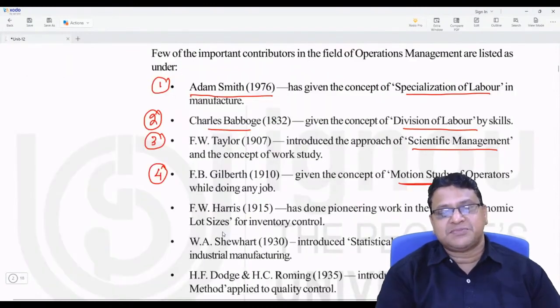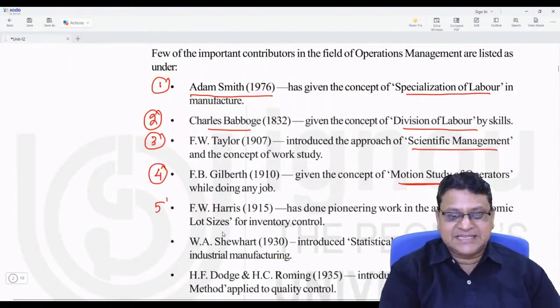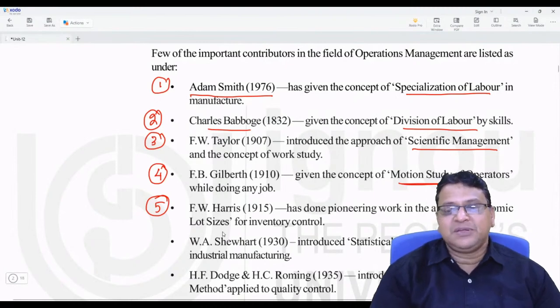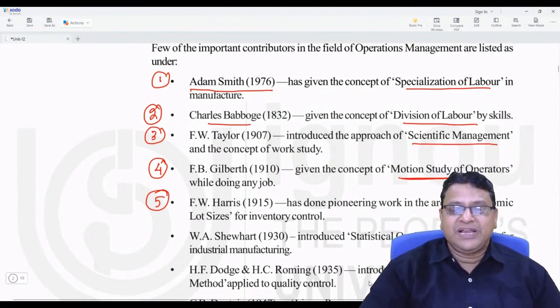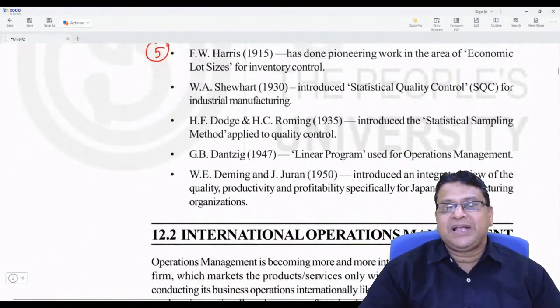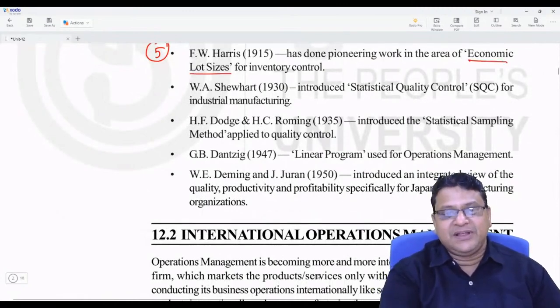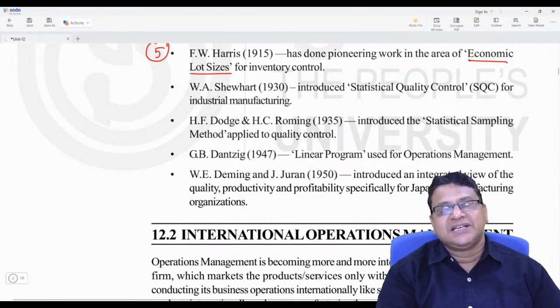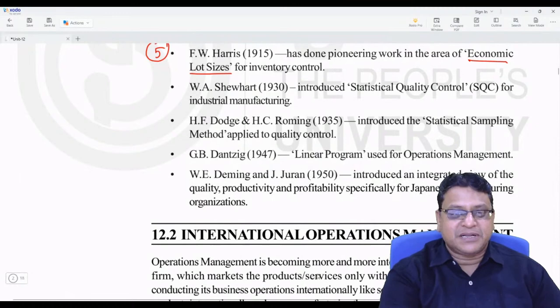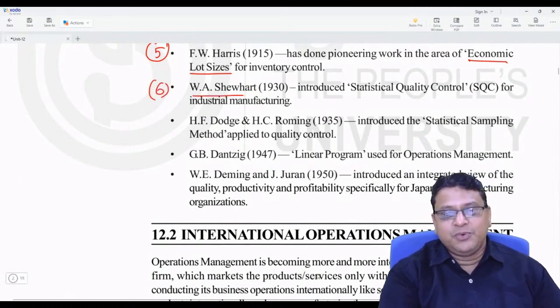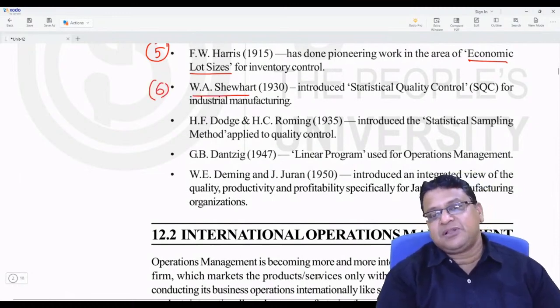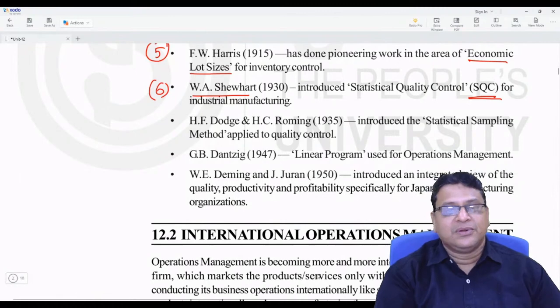Coming to operations management, F.W. Harris pioneered the work on economic ordering quantity, or economic lot size. That is how economic ordering quantity or economic lot size is calculated. Next is W.S. Stewart. He gave the concept of SQC, that is statistical quality control.